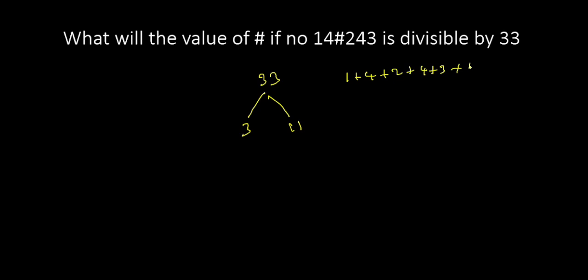I have one hash element here. Now this entire result has to be divisible by 3. 1 plus 4 is 5, 5 plus 2 is 7, 7 plus 4 is 11, 11 plus 3 is 14. Now when I add 1 to this, automatically it will become 15.